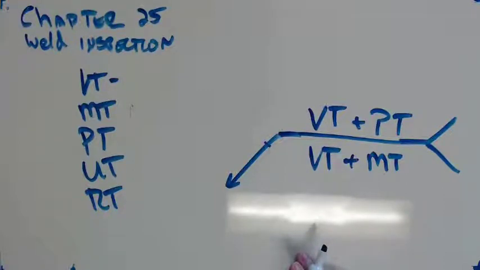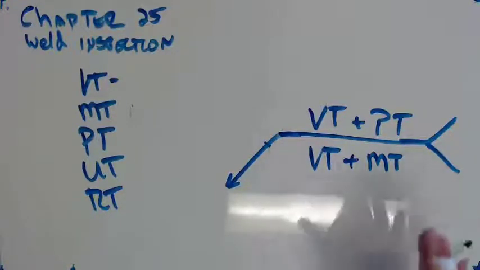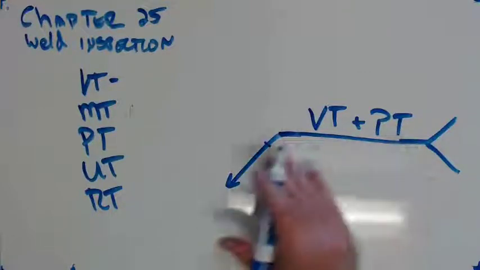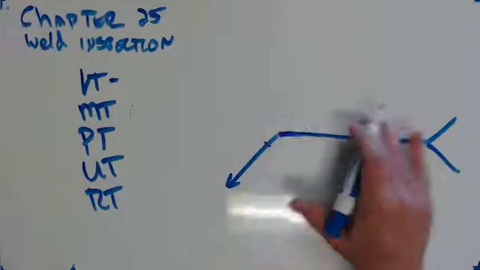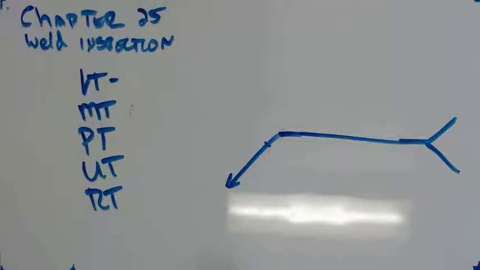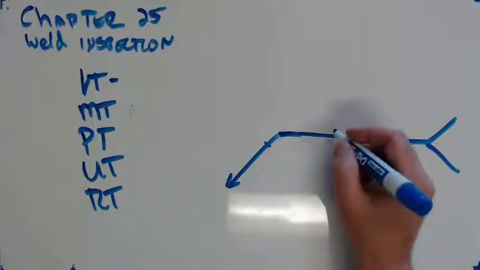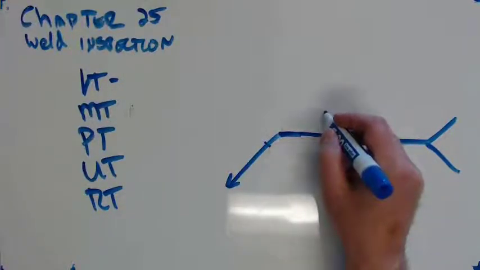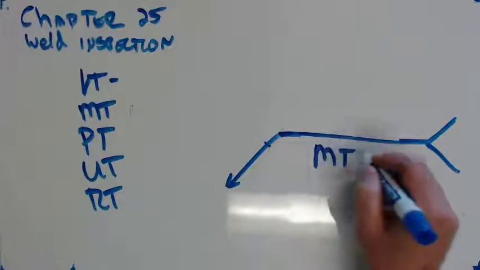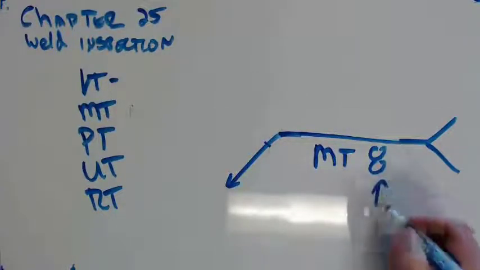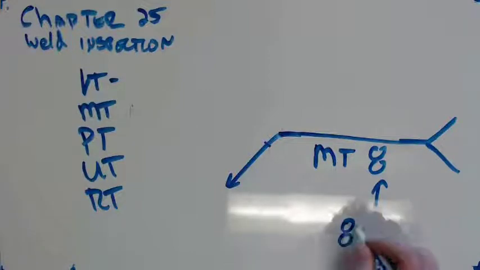This is going to be a pretty quick one. We can also dimension these just like we dimension weld symbols. If I've got a number following whatever it is, let's say I'm going to do MT 8. That means I'm going to do 8 inches of testing on that. Or if it's metric, it's going to be centimeters.